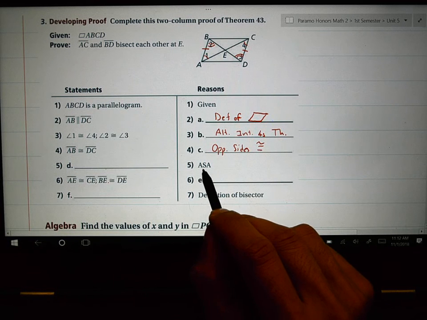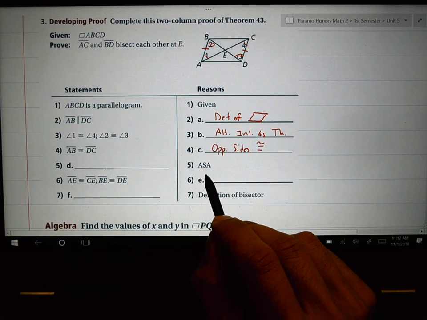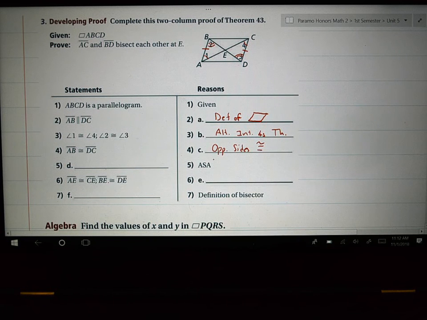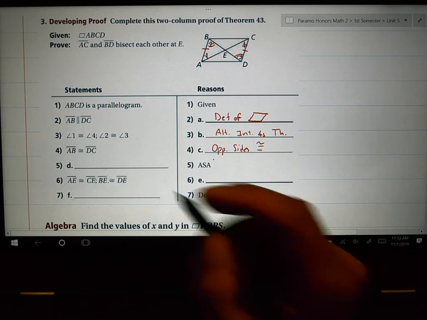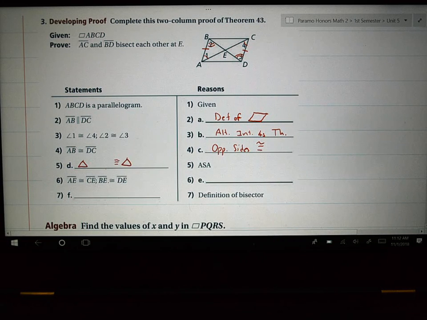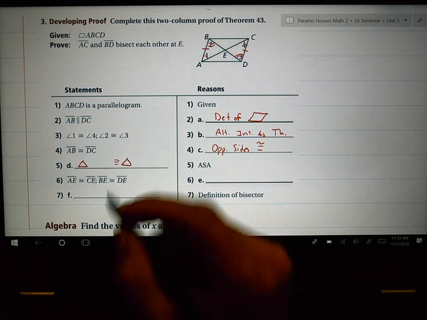And then it says angle side angle for number 5. This is one of those postulates that proves two triangles are congruent. So I know I have to have a triangle congruent to another triangle. Which one do we want to use? ABE?